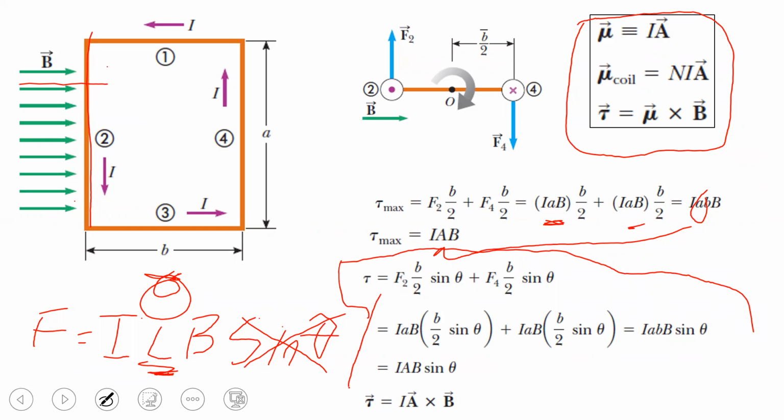So for a general form, instead of talking about tau max as the product of current, area, and magnetic field, we'll talk in terms of current, area, cross multiplied with magnetic field. The cross multiplication will take care of the angle theta between the area A and the magnetic field B.